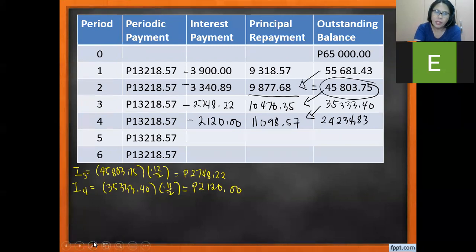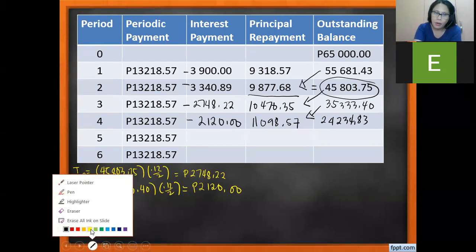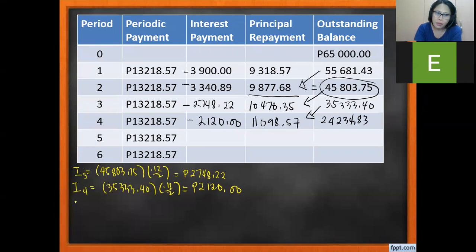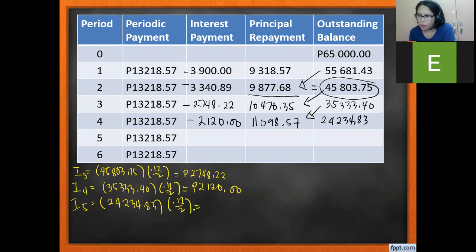So in solving for the interest payment on the fifth period, you have 24,234.83 times 0.12 over 2. So in your calculator, you just multiply the last entry by 0.06.